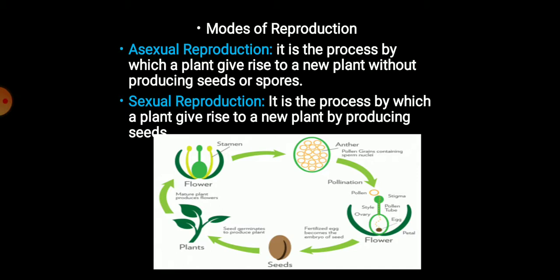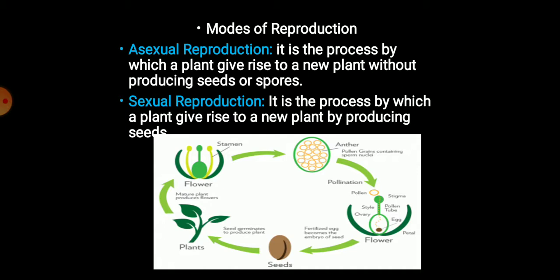Pollen grains stick to the stigma, travel through the style, and fusion takes place in the ovary, and in the ovary a new seed is produced. So this is a typical diagram of sexual reproduction in plants.